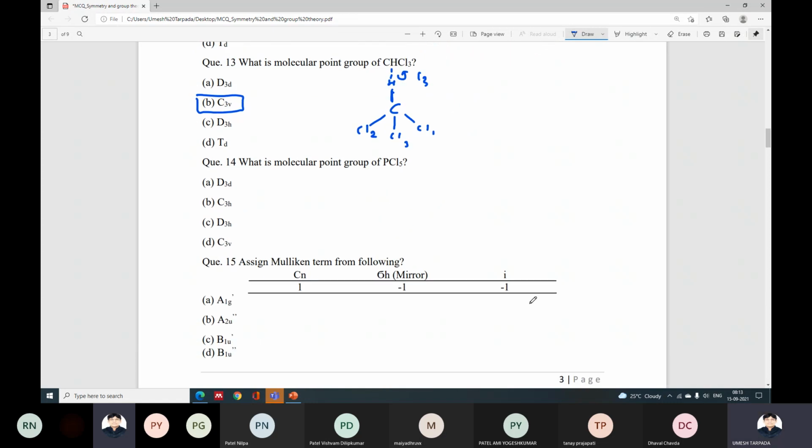What about PCl5? Which one is the principal axis?